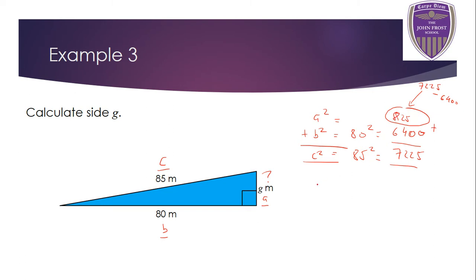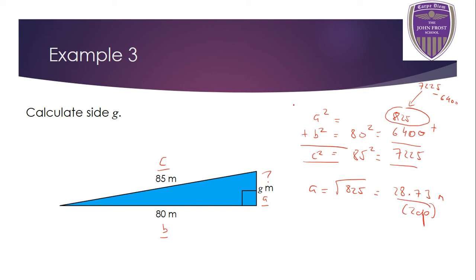825, sorry. Remember now, A is going to be the root of 825, which is 28.73 meters, 2 dp.